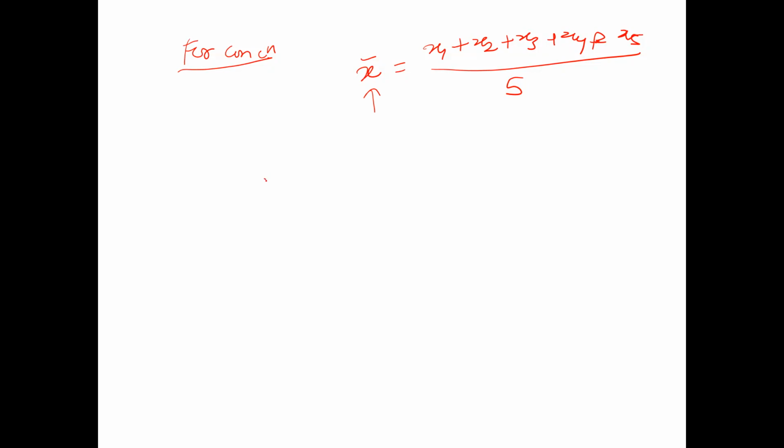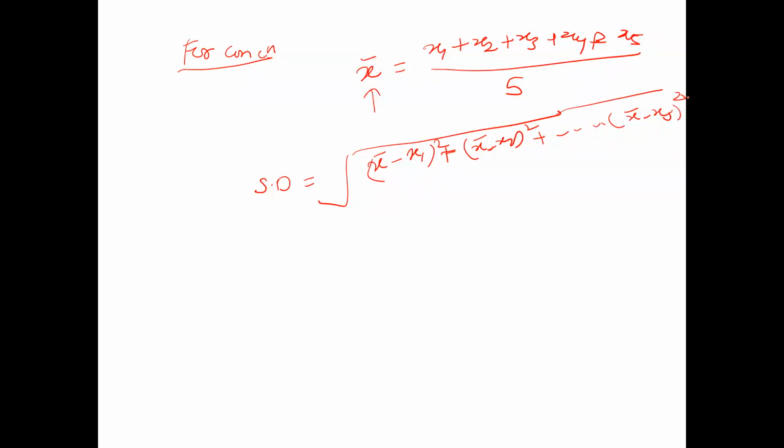After that you can apply the formula for standard deviation. That is basically the square root of (x bar minus x1) whole square plus (x bar minus x2) whole square plus up to x5, divided by n minus 1.